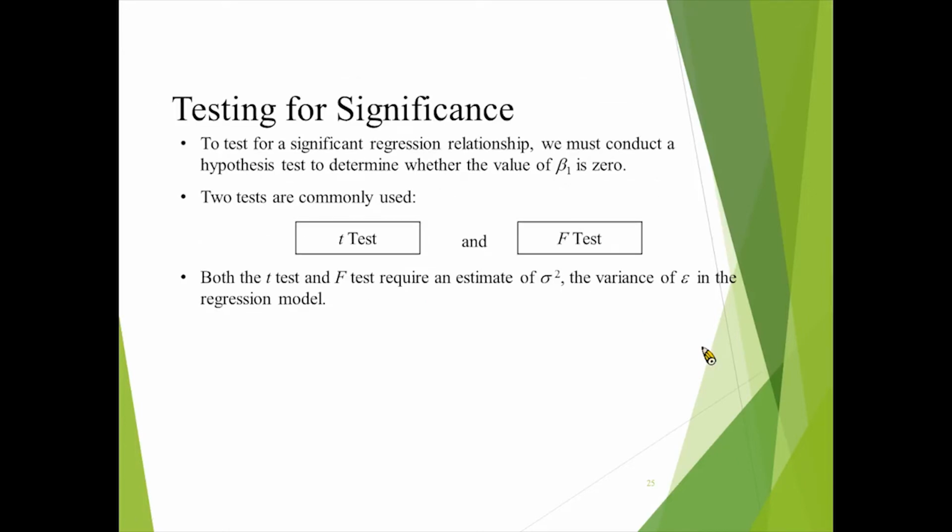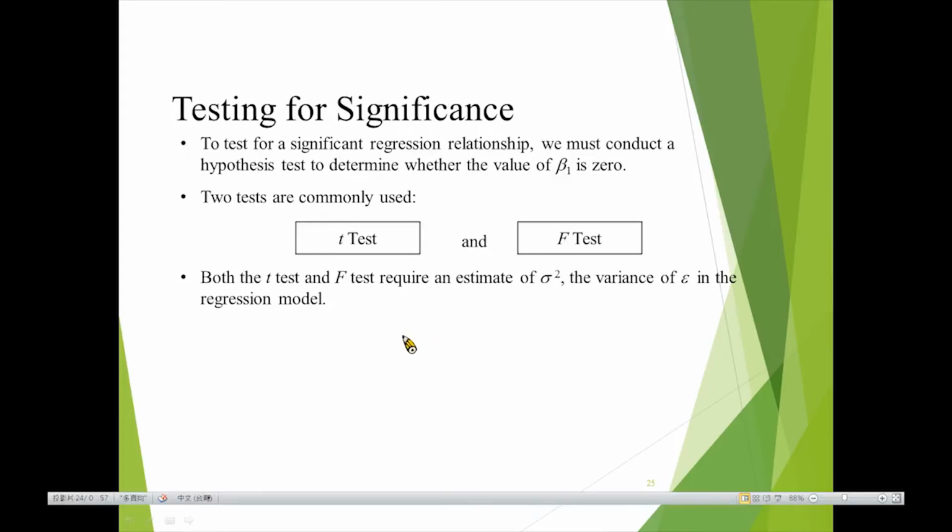Okay, so in the test for significance, we can use either of two tests, the t-test and the F-test. To test the significance of the regression relationship, we can conduct a hypothesis test to determine whether the value of beta 1 is 0. Both the t-test and F-test require an estimate of sigma squared, the variance of epsilon in the regression model.